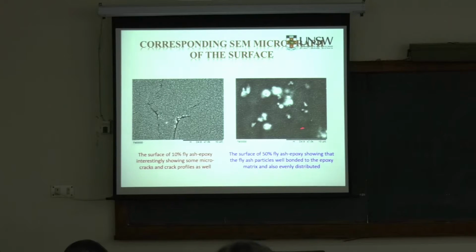So here you can see that there are no cracks in the 50% fly ash. That is a good thing. If you have small cracks, then particularly under tensile testing, the cracks can expand. But there are other modes like compression and shear. The cracks may not be that much of a problem.